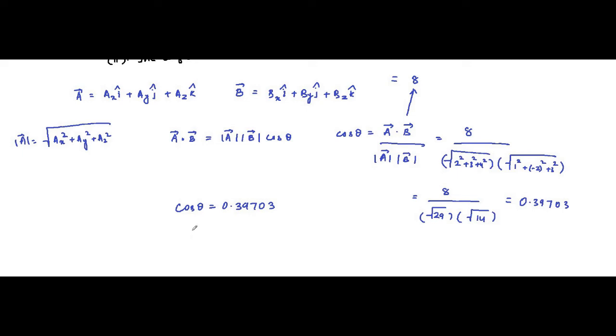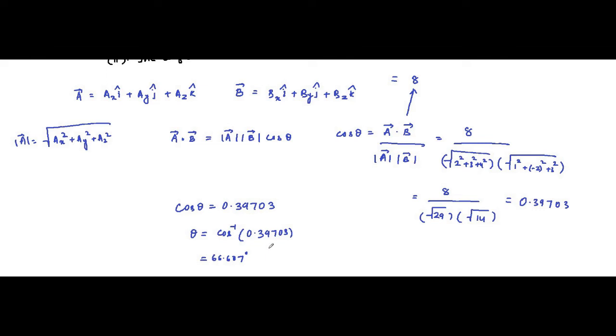Now theta will be simply cos inverse of 0.39703. Let us calculate it again. So it is coming around 66.607 degree, this much, 66.6 you can say.